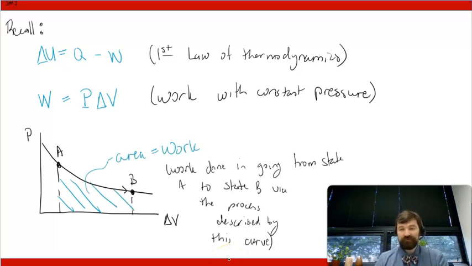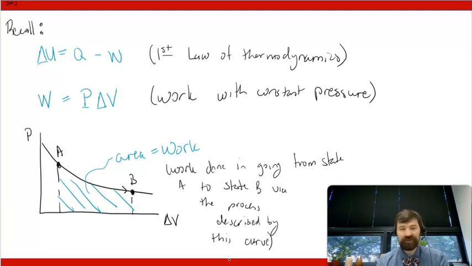Put more formally, we could call it the work done in taking a system from state A to state B via whatever process is actually described by this curve from A to B. Now note that there may be more than one possible process to get from A to B.